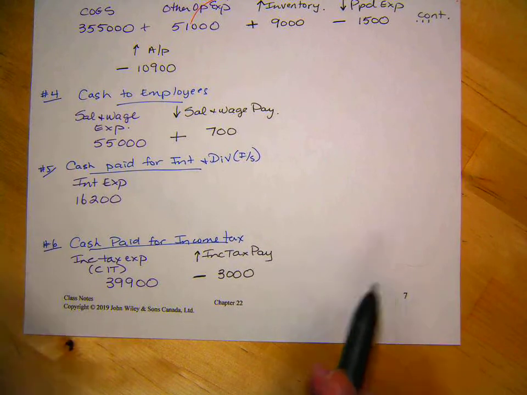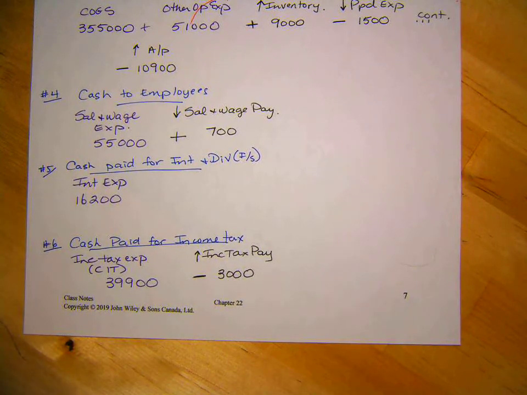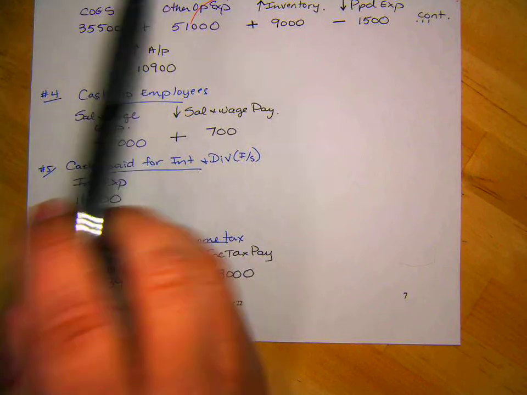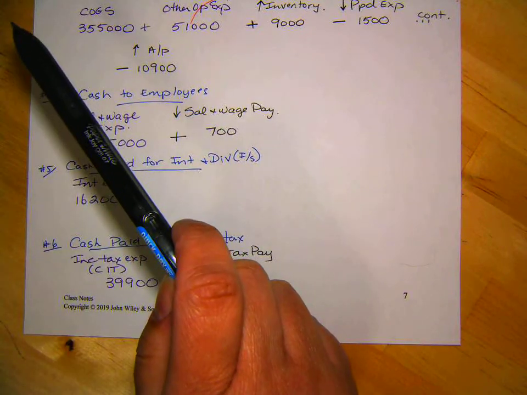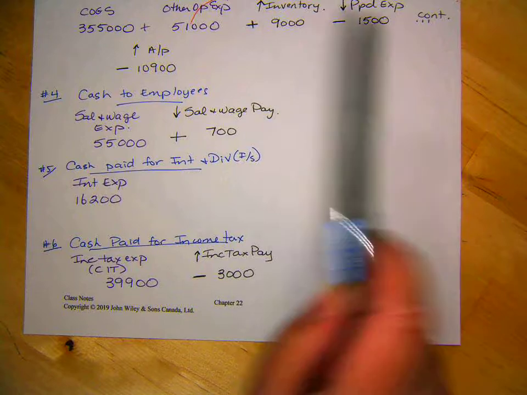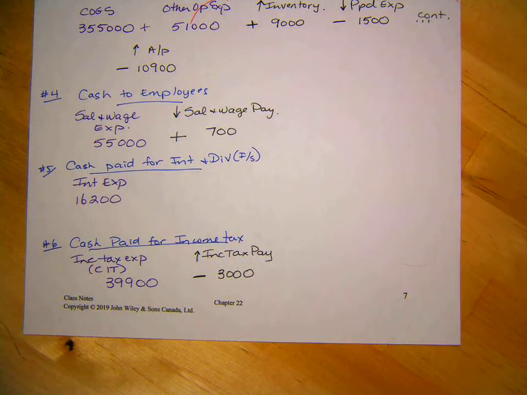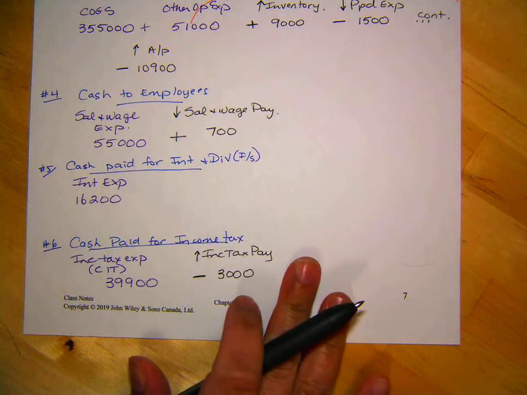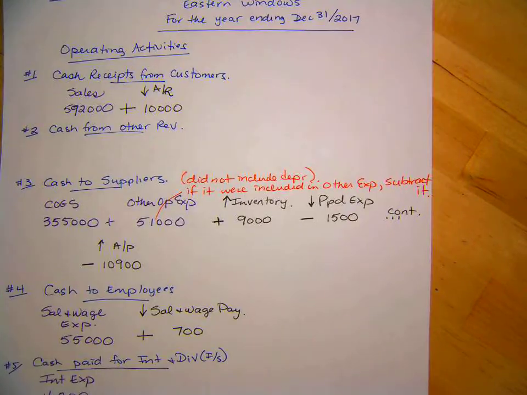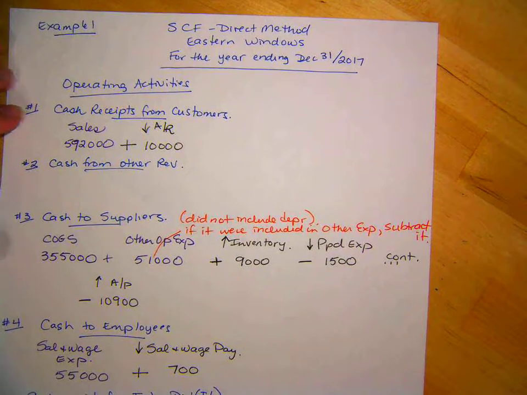Now, I think that's all. I'm just going to count and make sure I didn't miss any, because that would just be a little disaster for us. So we've hit everything off the income statement and the current assets and the current liabilities.